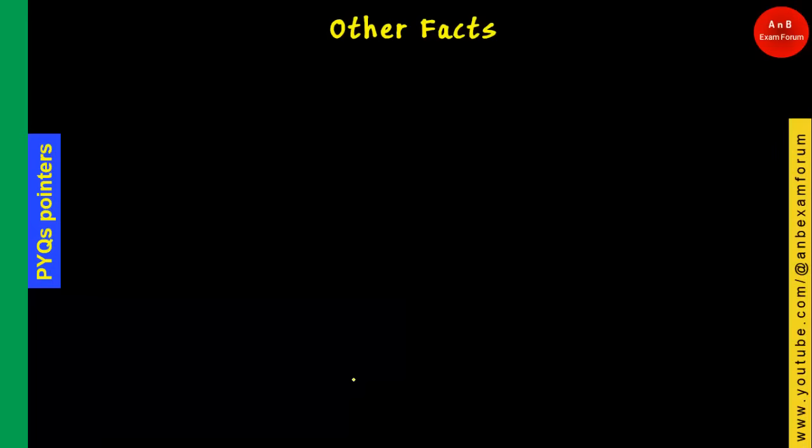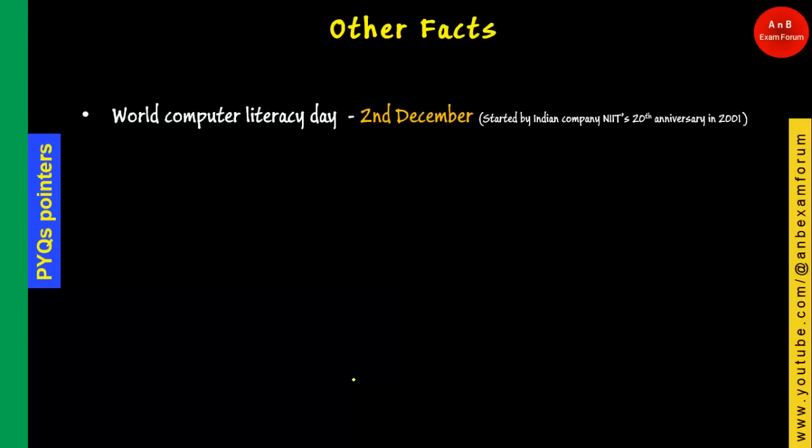Let's see the other facts. The first fact is World Computer Literacy Day. You will be surprised to know that World Computer Literacy Day was started by an Indian company, NIIT, that is National Institute of Information Technology. When their 20th anniversary came in the year 2001, they made that day World Computer Literacy Day, which is in fact their foundation day.